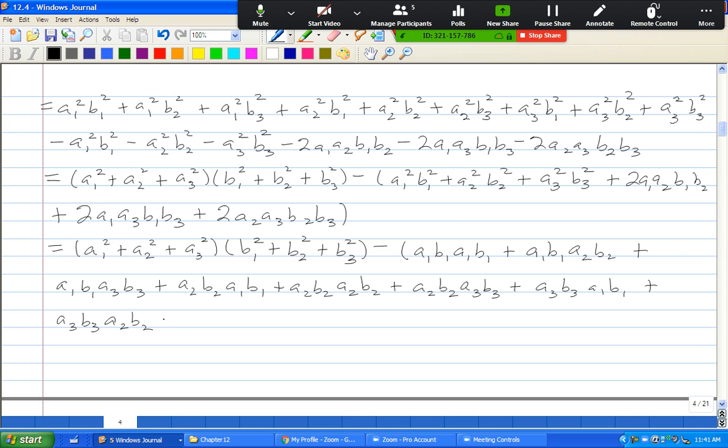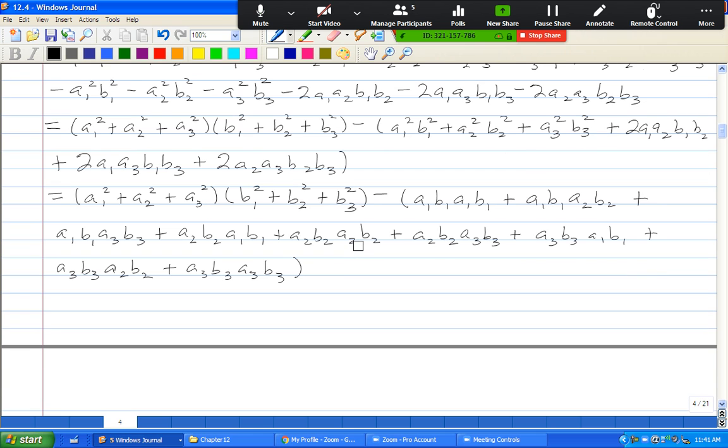And now let's see, plus A3 B3 times A3 B3. And this term gets rid of that term. And so I've collected all my terms. So I've written these 6 terms as 9 terms. Good. So I've just rewritten these.